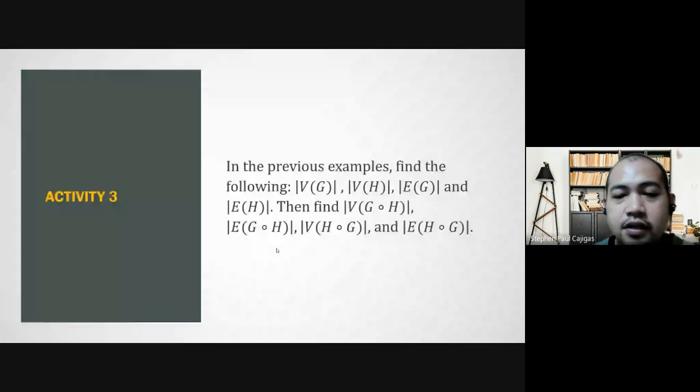We will now have another generalization. Para sa naton ginbuhat kanina, I need you to find, again, the number of vertices of G, of H, the edges of G, of H. Then, the number of vertices of G circle H and edges of G circle H. Tapos, H circle G vertex and edges.